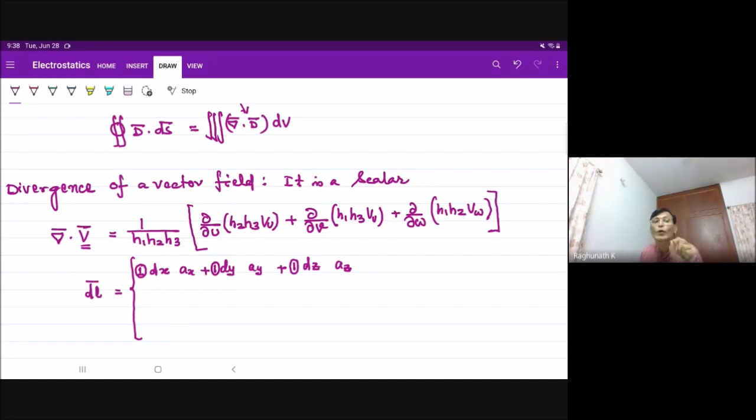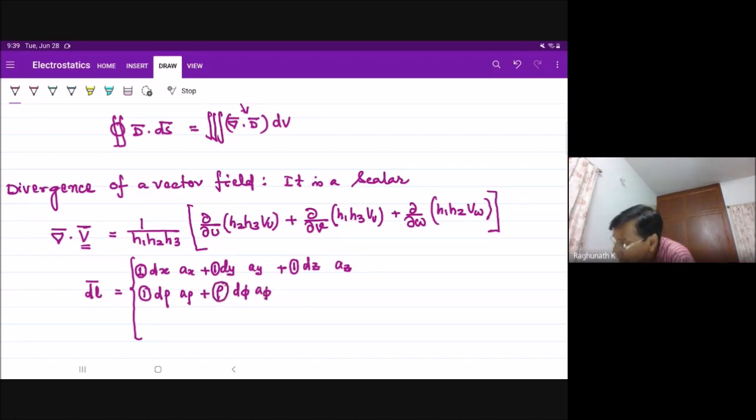In cylindrical coordinate system, we saw that it is d rho a rho. Coefficient is 1. Plus, I will keep rho as constant at any rho phi z. Vary phi. What is that component? Rho d phi, rho d phi a phi.